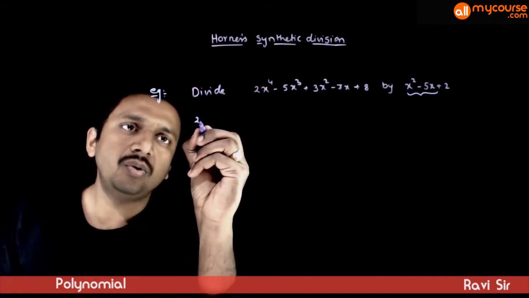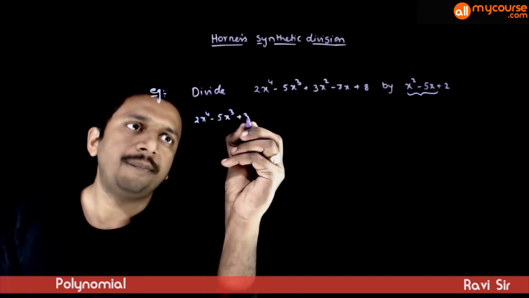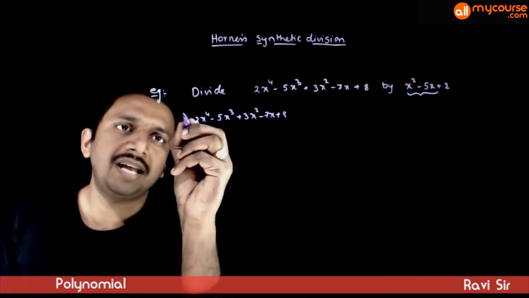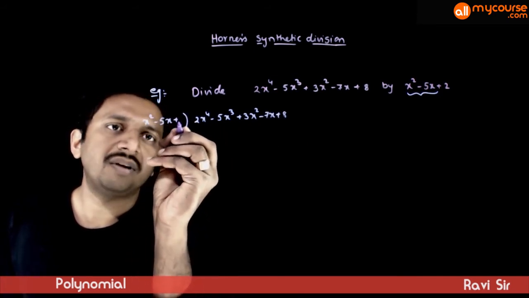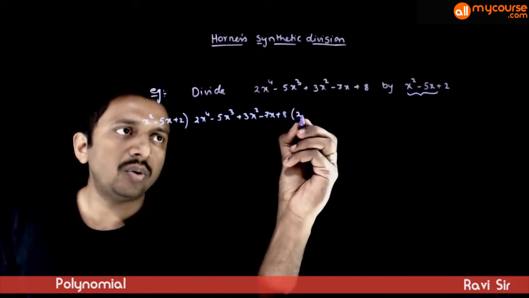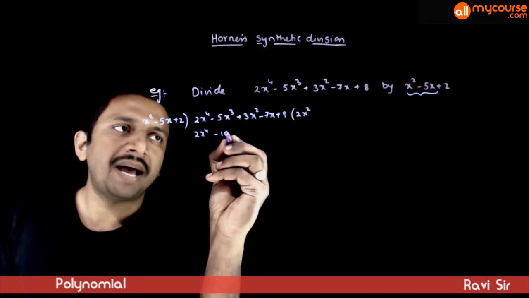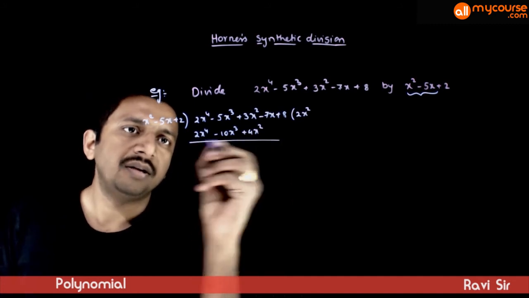First, 2x power 4 minus 5x cube plus 3x square minus 7x plus 8 divided by x square minus 5x plus 2. So x square into 2x squares are 2x power 4 minus 10x cube plus 4x square.